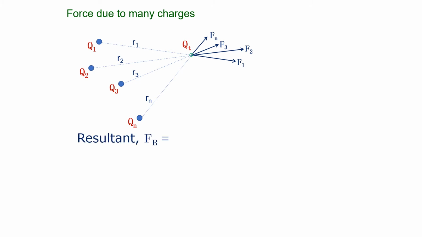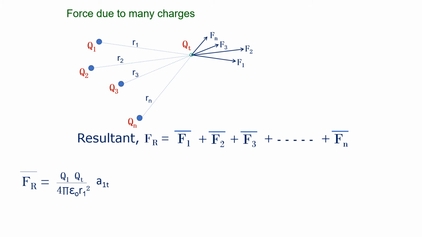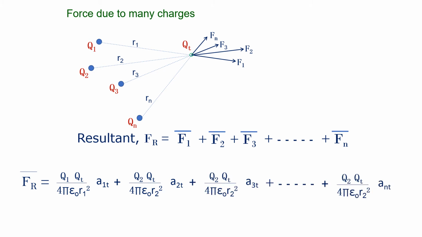The resultant force Fr will be equal to the vectorial sum of F1, F2, F3 and so on up to Fn. By Coulomb's law, F1 is Q1 Qt divided by 4 pi epsilon naught R1 squared A1t. Likewise, F2 bar, F3 bar and so on up to Fn bar.